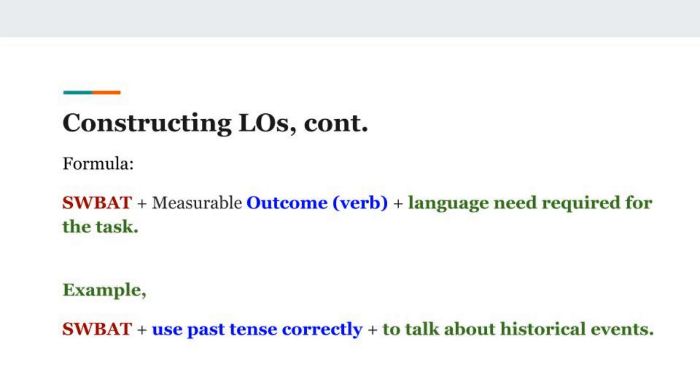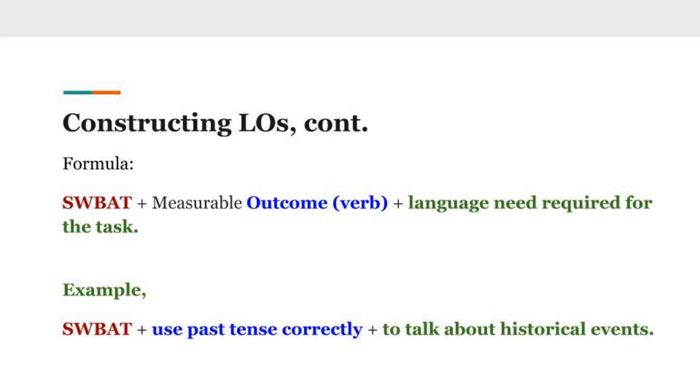For example, in the case of the previous example, your students need to make past tense forms correctly. So a possible language objective could be students will be able to use past tense correctly to talk about historical events. Talking about historical events is the language need required for this specific task.